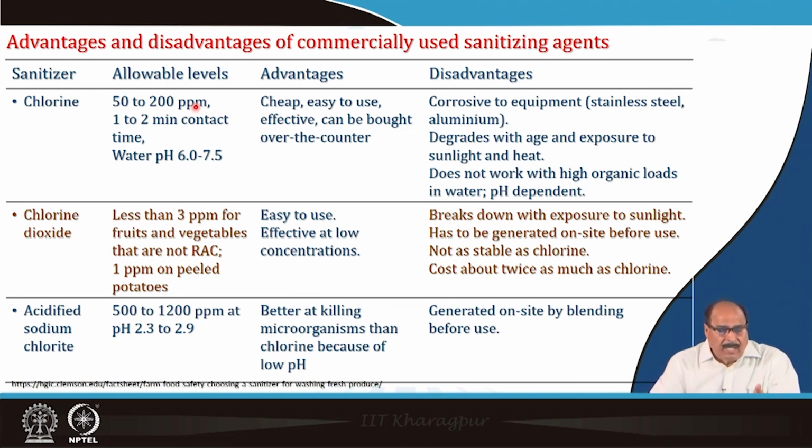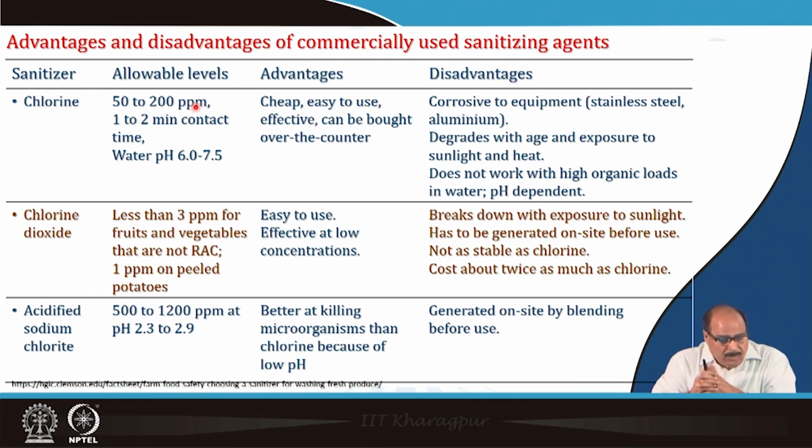Chlorine dioxide: less than 3 ppm is the recommended level for fruits and vegetables, even 1 ppm for peeled potatoes, etc. It is easy to use and effective at low concentration, but it breaks down with exposure to sunlight, has to be generated on site before use, and is not as stable as chlorine. Cost wise also it is about twice as costly as chlorine.